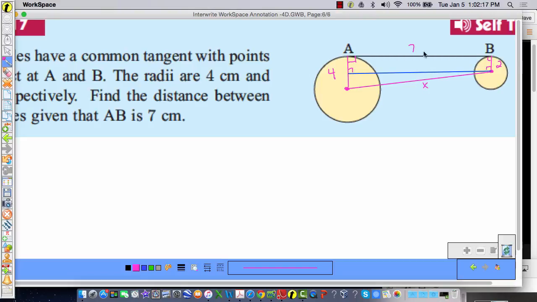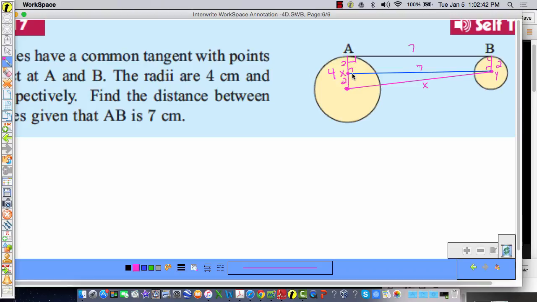Yes? And from A to B is 7. So if I call this X and I call this Y, from X to Y must also be 7 because it's a rectangle, right? And from B to Y, well, that's the same as A to X. So this must be 2, which means from X to the center of the circle is also 2.